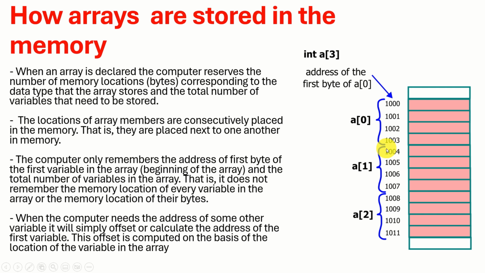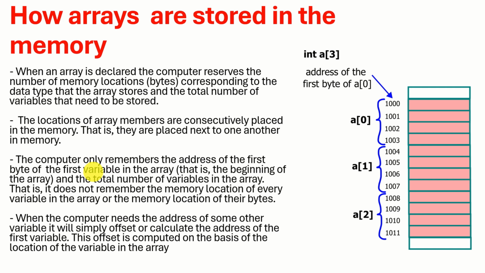Then immediately in the memory space, the computer will store A1, and this A1 will also occupy 4 memory spaces, and finally we will have A2 that will also occupy 4 memory spaces. And note over here that A and all of its member variables are placed consecutively in the memory space, and this is denoted by this shaded region.